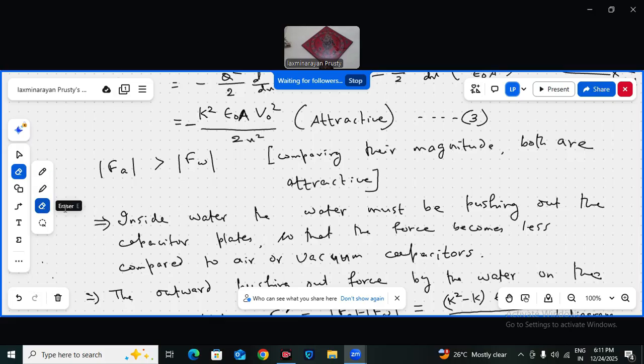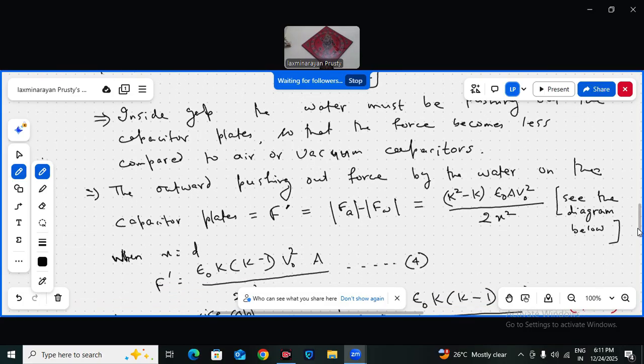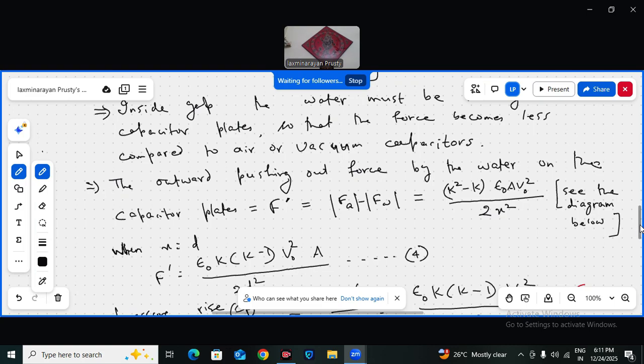Not inside water, inside the capacitor, inside the gap, the water must be pushing out the capacitor plates, so that the force becomes smaller, less compared to the air or vacuum capacitor. Understood this? So this pushing out force I want to calculate.